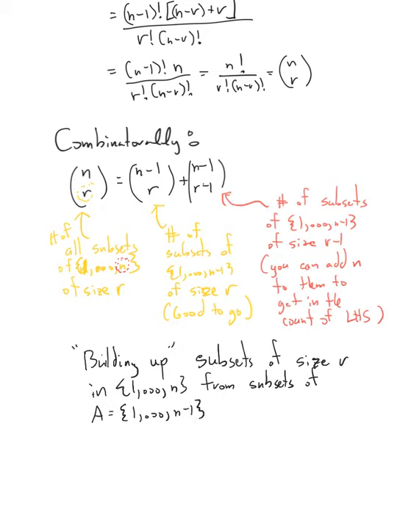And we look at the ones where we're either good to go, so they already are subsets of the numbers from 1 to n. They have r things, we're good to go. But maybe they're of size r minus 1, and then we just need to add an n to them, and they become what we need over on the left-hand side. So that's the other way of thinking about these. That's pretty cool. It's two ways, both algebraic and combinatoric, to think of the same identity, which is really cool.